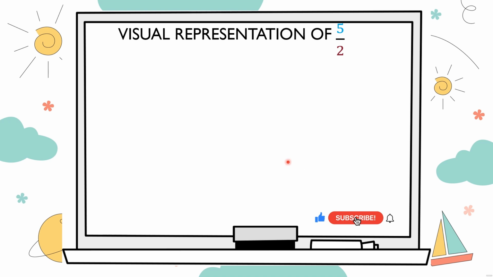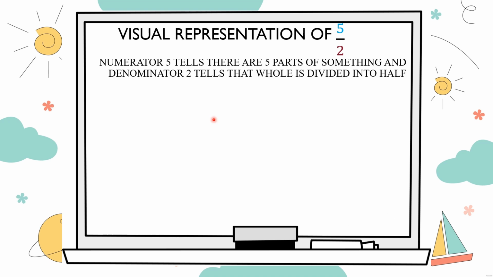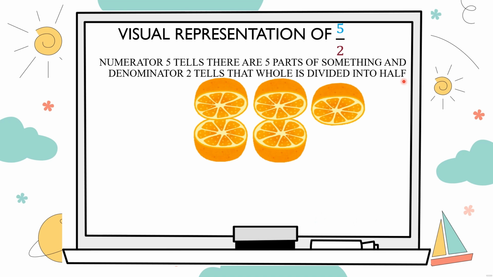Let's take up the next example, visual representation of 5/2. Numerator 5 tells there are 5 parts of something and denominator 2 tells that whole is divided into half. We are going to take up example of orange again. Here there are 5 pieces of orange divided into half piece each.